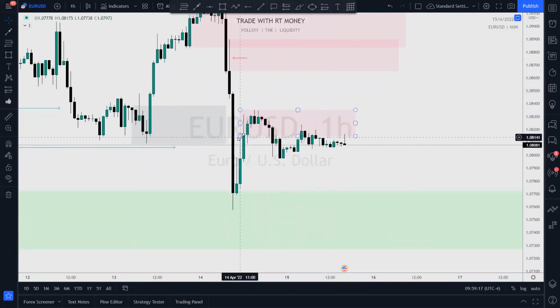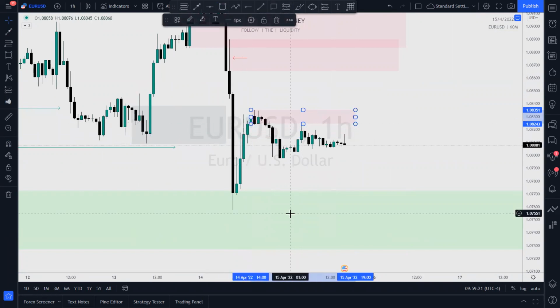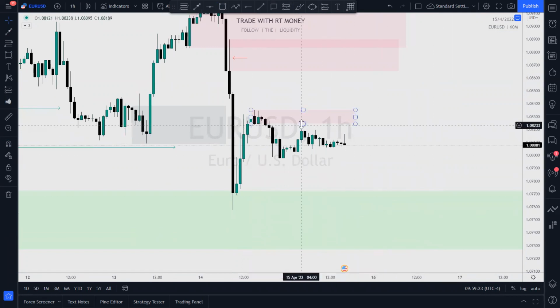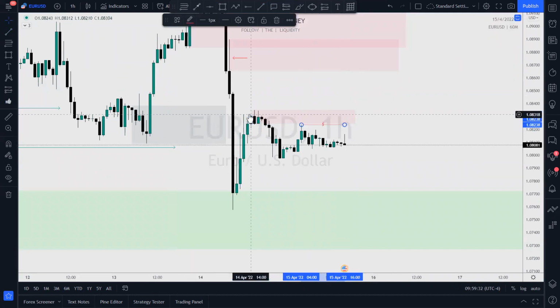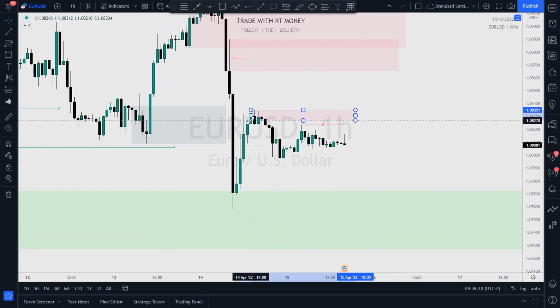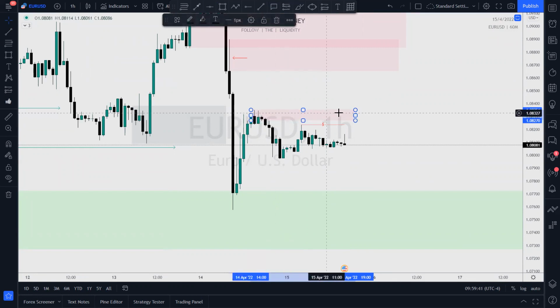I like this. If we refine this zone to here, price has a reason to come up into this zone, take liquidity, hit the refined zone up top where the wicks are.